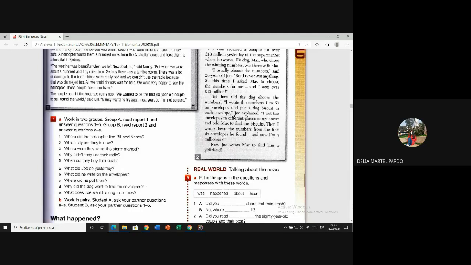Question number two. Which city are they in now? They are in a hospital in Sydney. Where were they when the storm started? We were about 150 miles from Sydney.